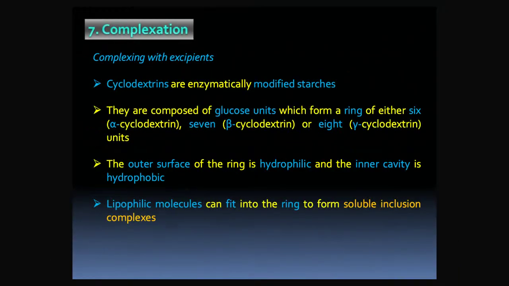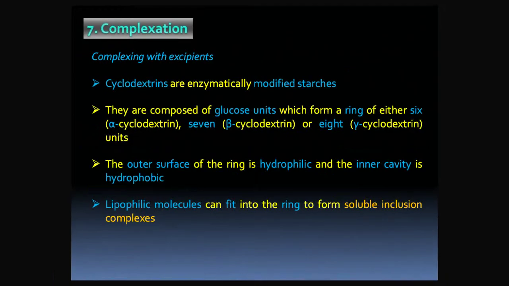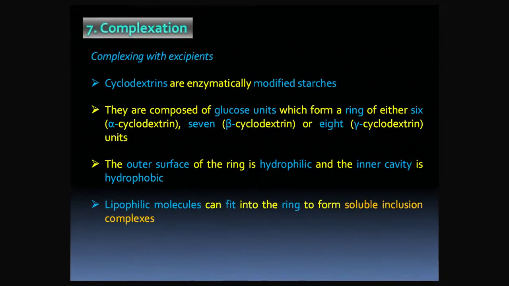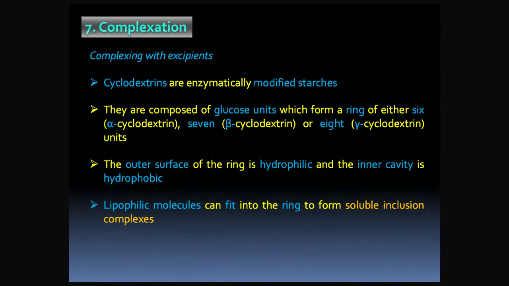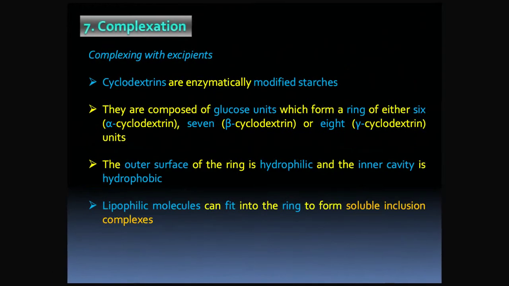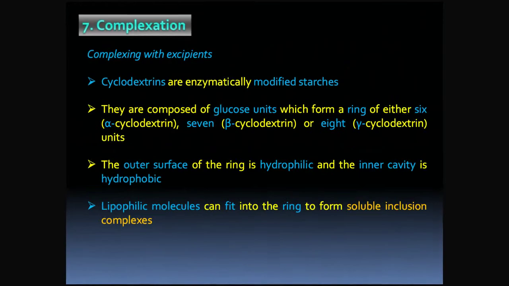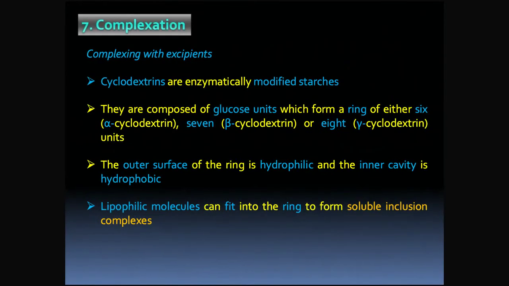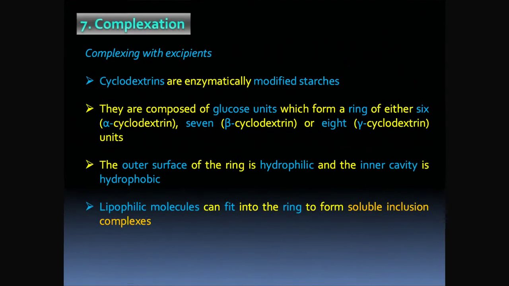Cyclodextrins represent a sophisticated class of enzymatically modified starches that organize glucose units into precise ring structures containing 6, 7, or 8 units, designated as alpha, beta, and gamma variants. This circular architecture establishes a critical dual polarity environment, where the outer surface is entirely hydrophilic, while the internal core maintains a hydrophobic cavity.